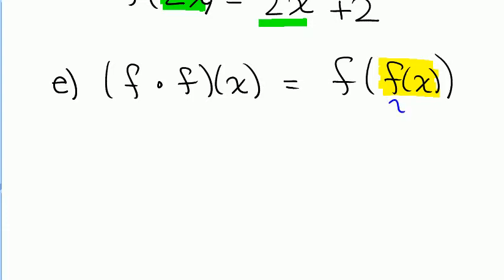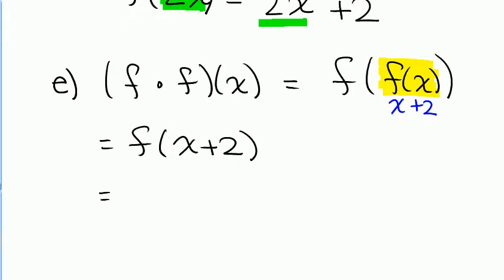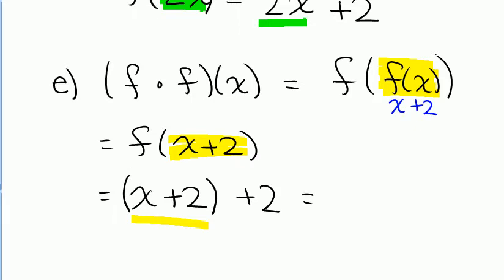So what we're really looking for is f of x plus 2. So you go back to your equation, and x plus 2 is going to be substituted back into the f equation. So it's x plus 2 plus 2, which simplifies into x plus 4.